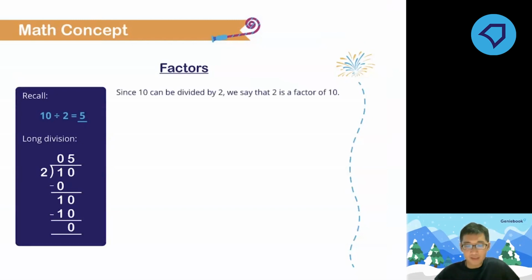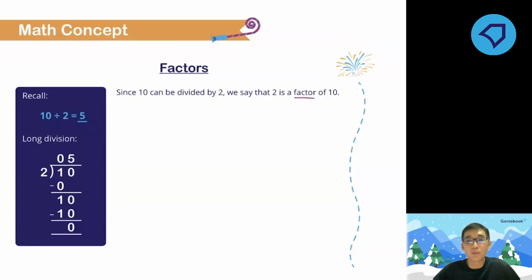So since we see that 10 can be divided by 2 exactly, can you see that there's no remainder when 10 is divided by 2, and we have 5 as the quotient. So therefore, we say that 2 is a factor of 10. So here we see this word factor. 2 is a factor of 10.